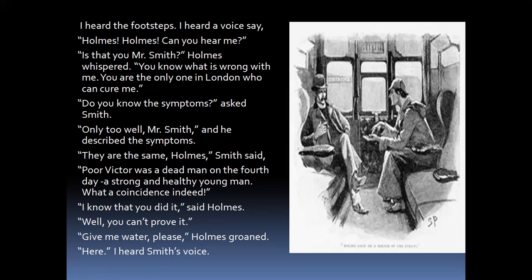When he says the symptoms, Culverton Smith says, "Oh, it is the same symptoms." Poor Victor is the name of a person who is a relative of Smith, his nephew. He also had the same symptoms, and then he was dead on the fourth day, and he was a strong and healthy man too. And now you are also having the same symptoms. What a coincidence, he is telling.